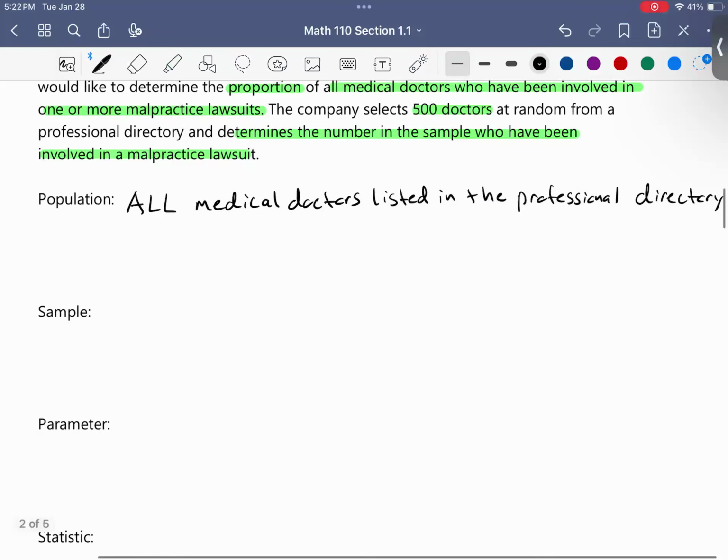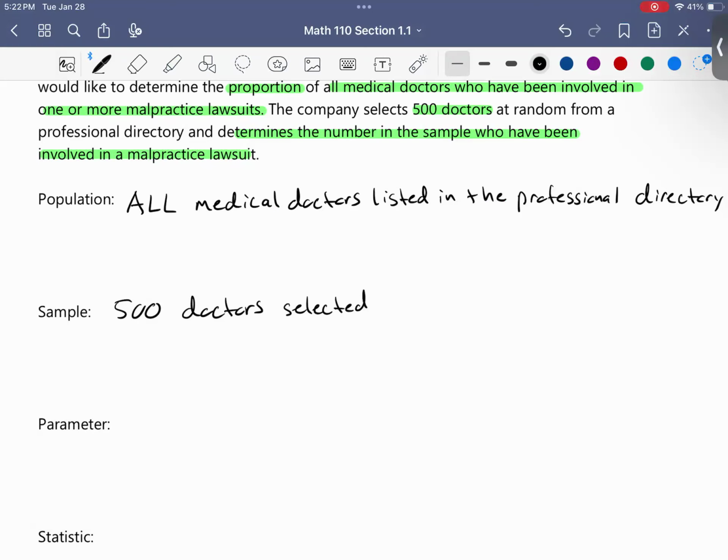So sample is going to be that 500 doctors selected from the professional directory. So 500 doctors selected from a professional directory.